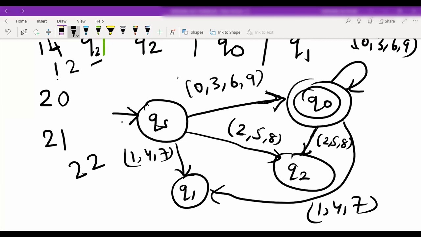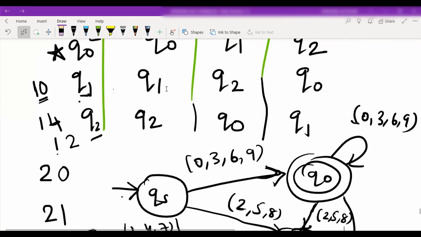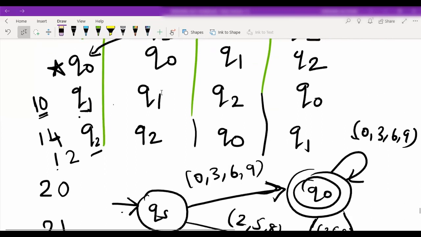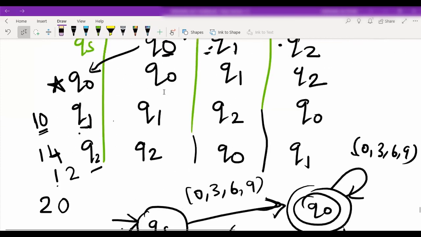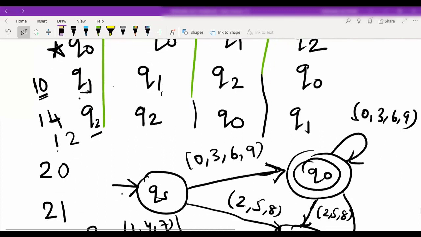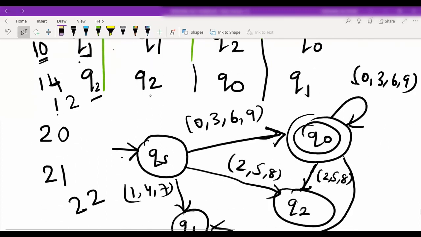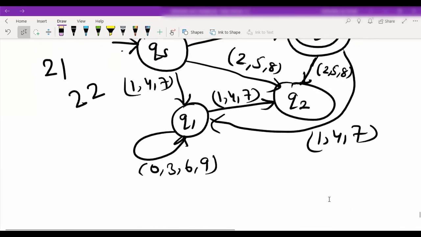Now time for Q1. Q1 on 0, 3, 6, 9 goes to itself. Now Q1 on 1, 4, 7 goes to Q2. Now Q1 on 2, 5, 8 goes to Q0.